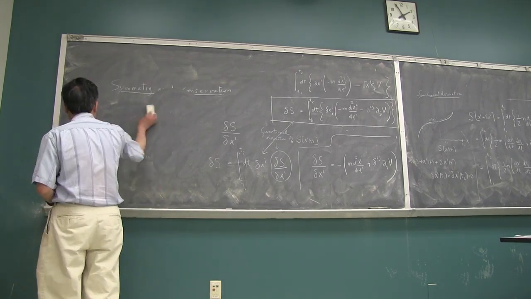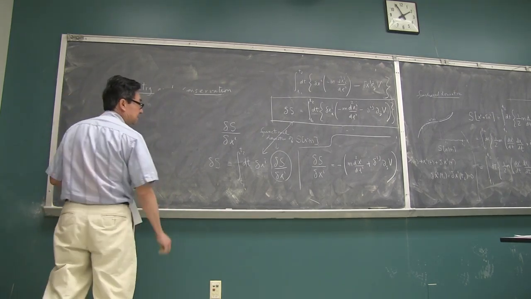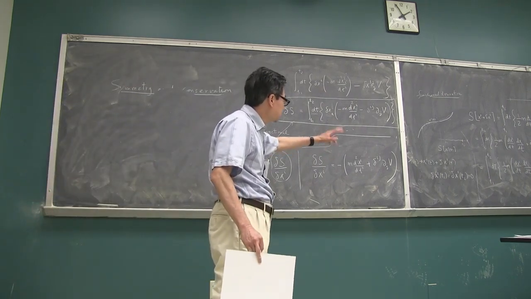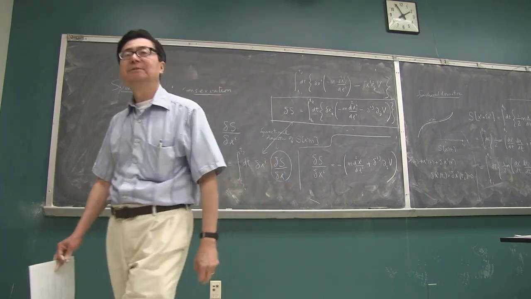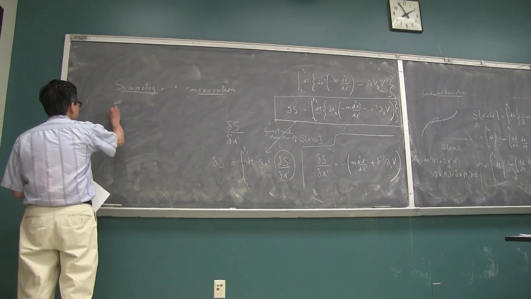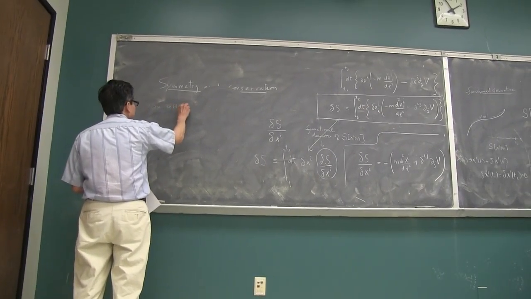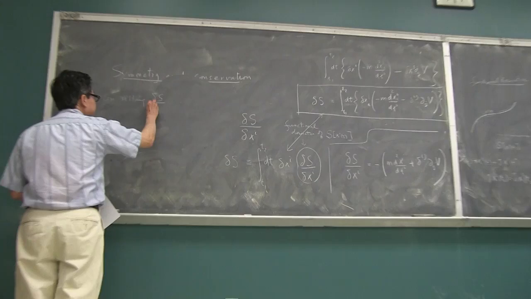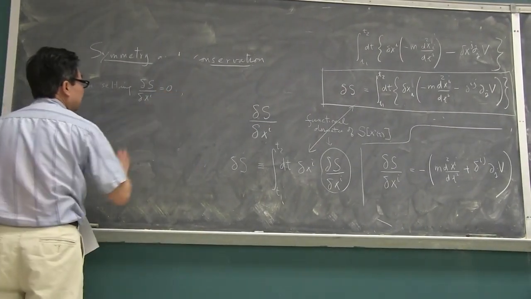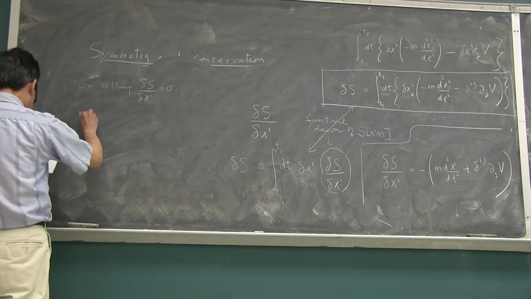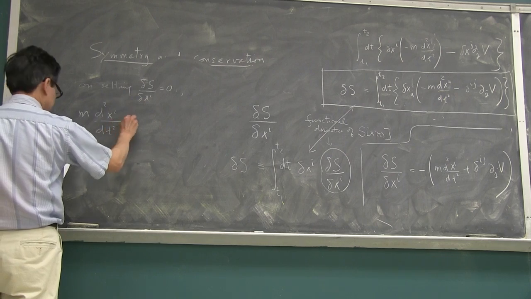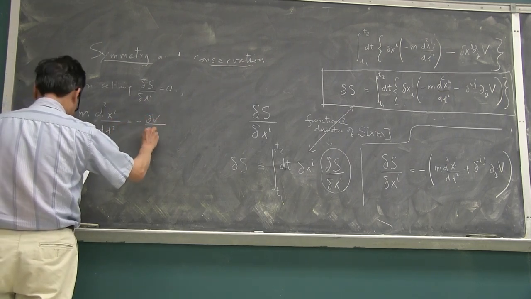What happens if you do that? Then the result is staring you in the face. If this is equal to 0, minus that is equal to 0, that means the thing inside the brackets is also equal to 0. Okay? If minus something is equal to 0, that thing is equal to 0. In other words, on setting the functional derivative to be equal to 0, we have m d second xi d t squared is equal to minus dV d xi.